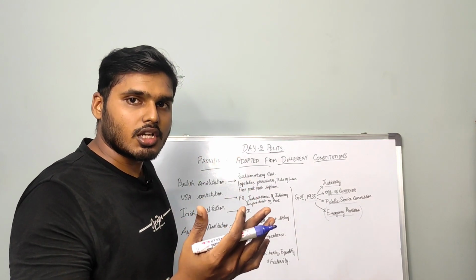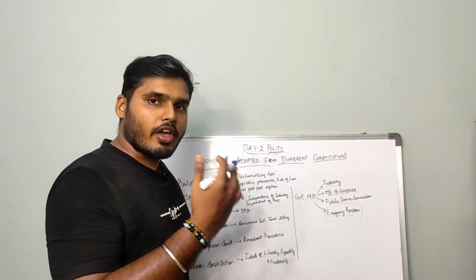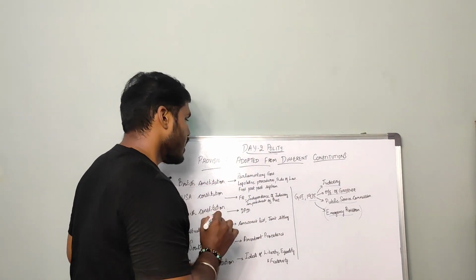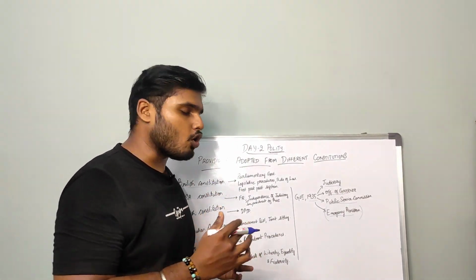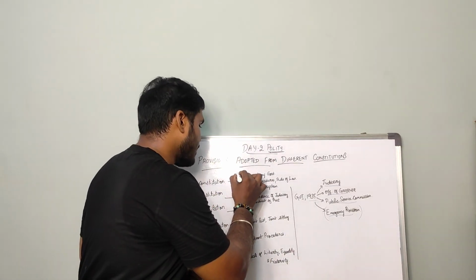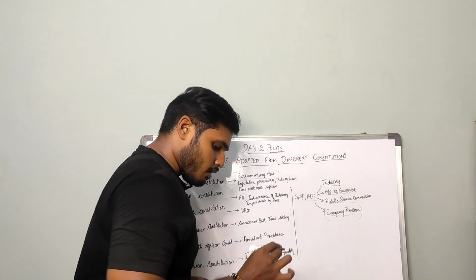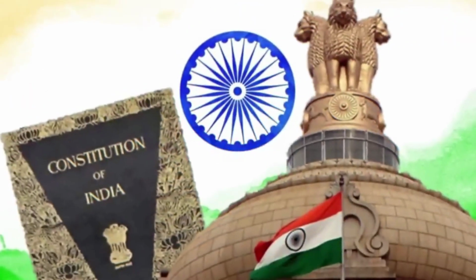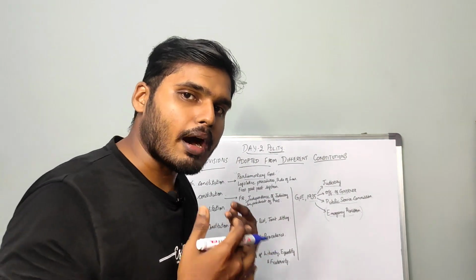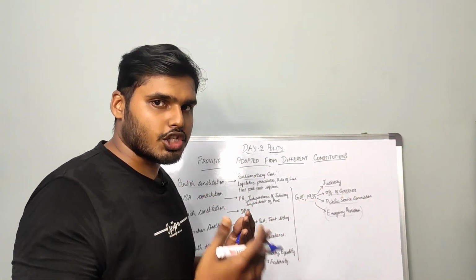The next constitution from which we have taken reference and borrowed is the British Constitution. From the British Constitution, we have borrowed one of the important features of the Indian Constitution, which is the parliamentary government. We very well know Parliament is one of the important legislative bodies. I will speak in detail about the parliamentary form of government in the upcoming sessions of polity.